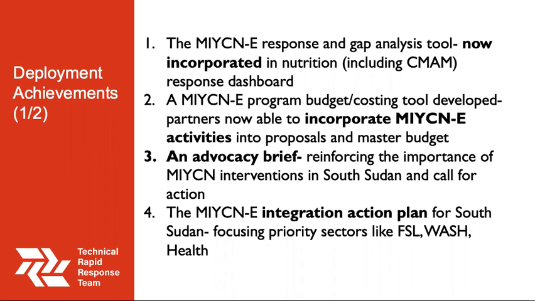We wanted to have a small group who will work on the response mapping and gap analysis tool. We had another small group who will simultaneously work on the budget or costing tool, in line with the HRP that we have in South Sudan. Another group worked on the advocacy brief, and another on the integration action plan, who was involved with the ICWG workshops before.